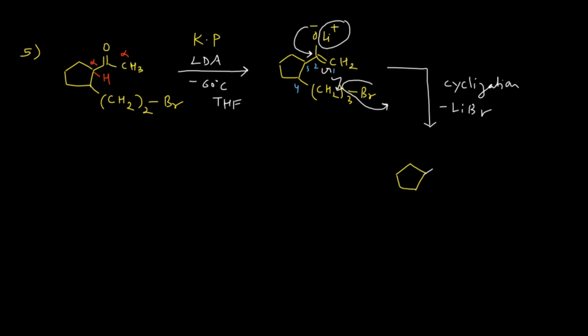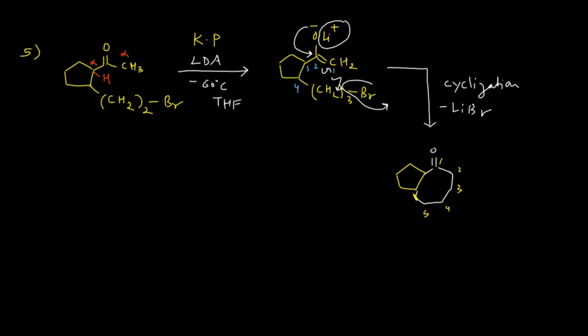So you have produced this here, and then you can draw your 7-membered ring. Say this is carbon number 1, this is carbon number 2, this is carbon number 3, this is carbon number 4, this is 5.